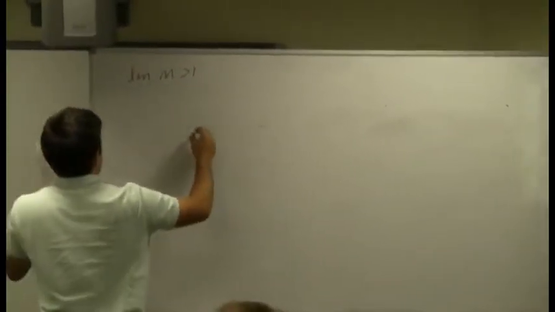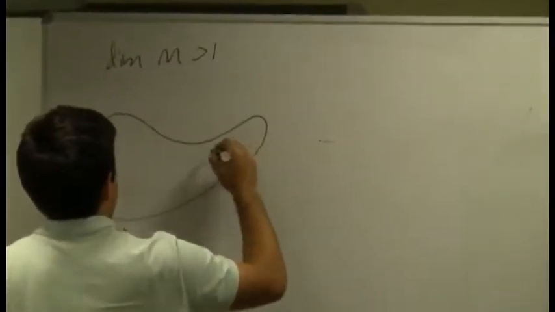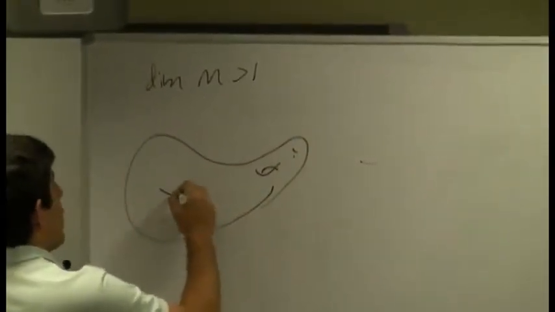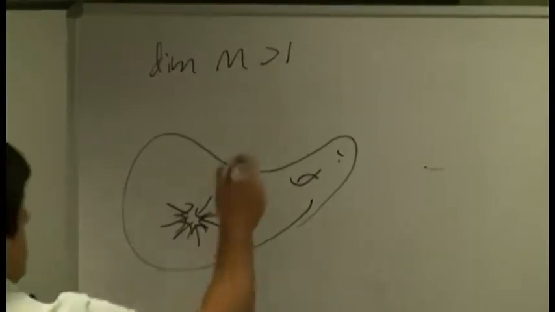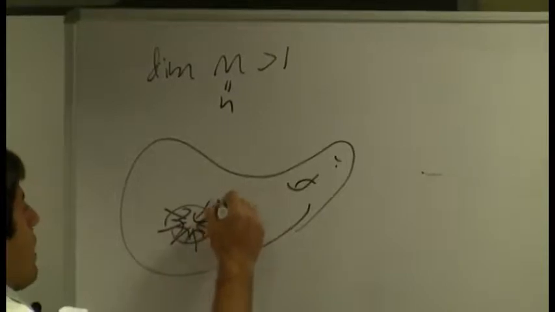So yeah, if the dimension of M is greater than 1, what are the ways in which points can collide in dimension n? Let's say the dimension equals n. Well, we have an S^(n-1)'s worth of directions at which points could collide.